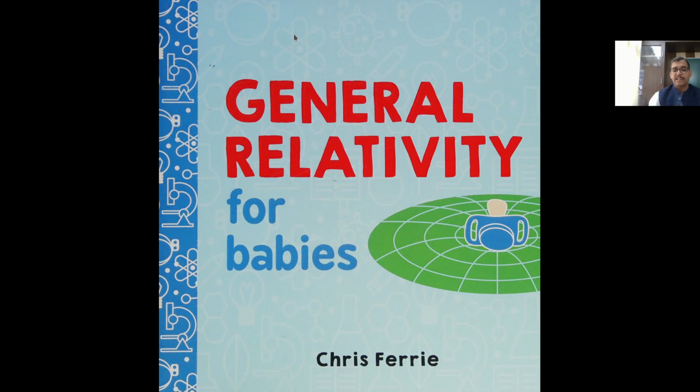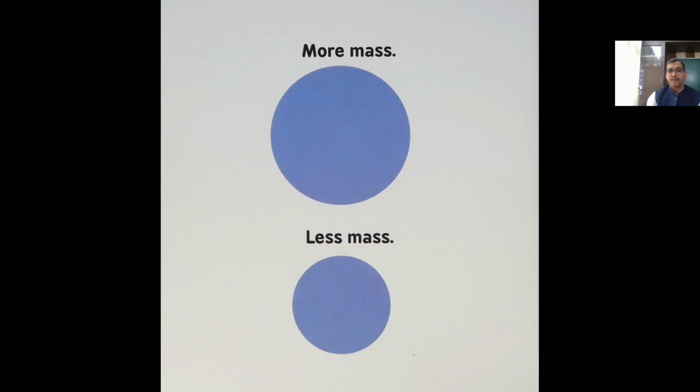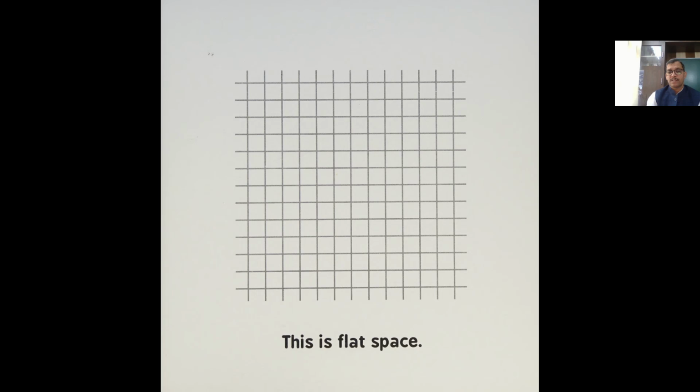Chris Ferrie has written this book. For example, I'm just showing you certain screenshots. This is a ball, and this ball has a mass. More mass, less mass, and this is a flat space. This is a Euclidean space.